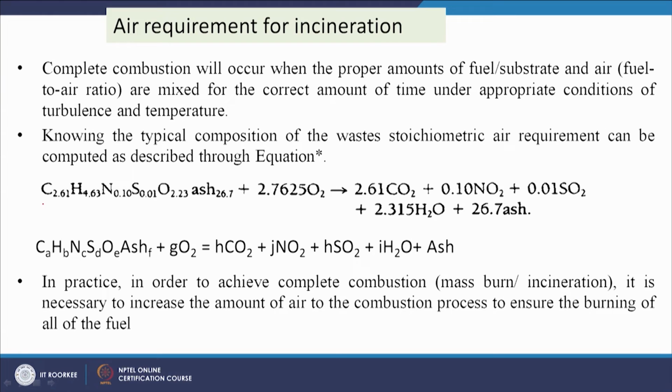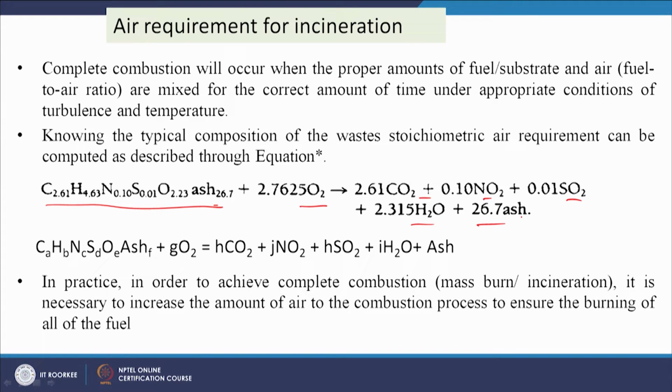So, people try to develop some empirical relationships. Say if we have a waste material whose molecular weight is known, having carbon, hydrogen, nitrogen, sulfur, oxygen and ash, that reacts with some oxygen and gives us CO2, NO2, SO2, H2O and ash.